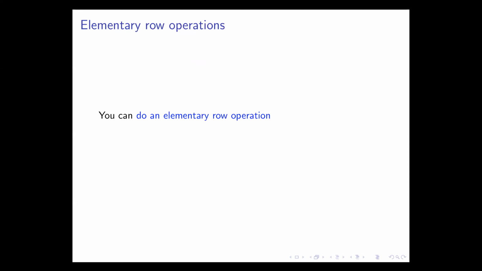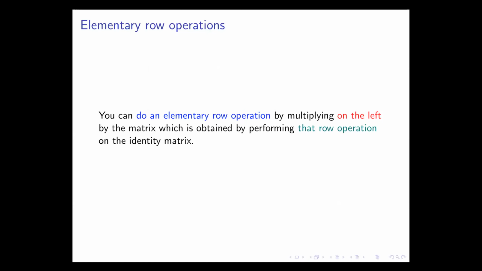Now let's talk about elementary row operations. We can do elementary row operations, meaning adding rows, multiplying by some numbers, and taking linear combinations, by multiplying on the left by the matrix obtained by performing that row operation on the identity matrix.